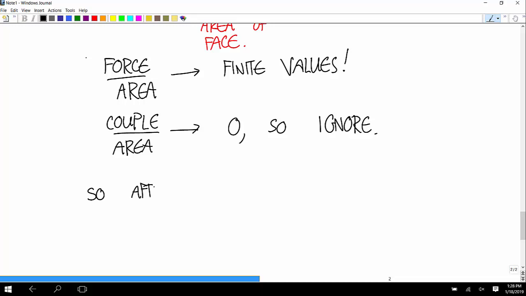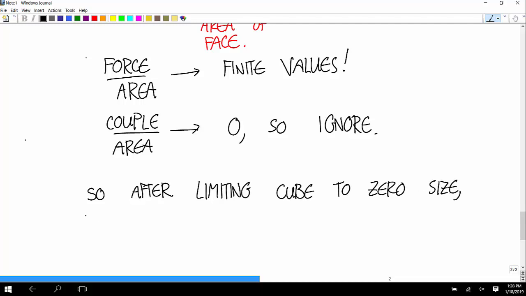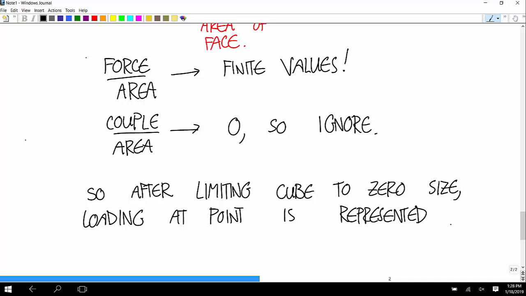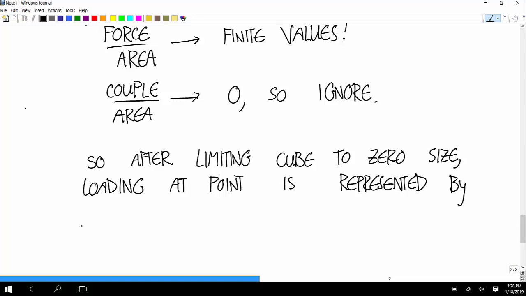So after limiting the cube to zero size, the loading at the point is represented by 18 force per area values.